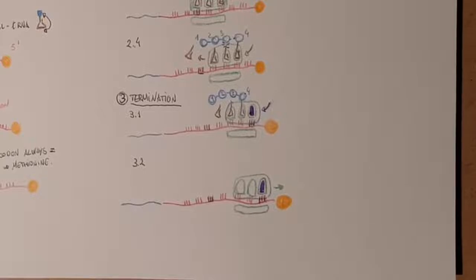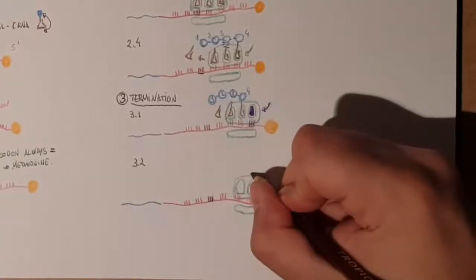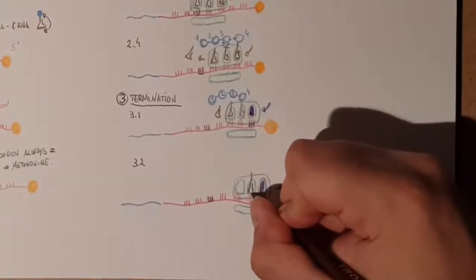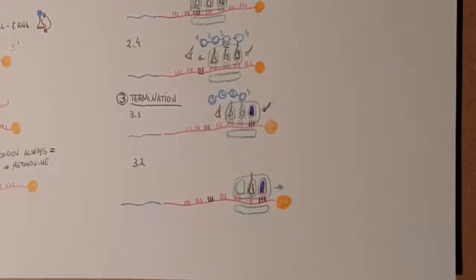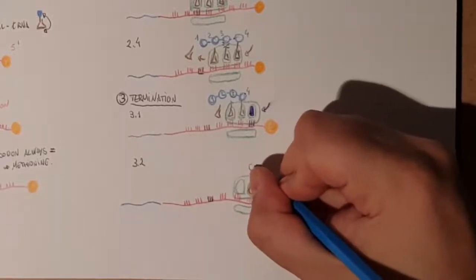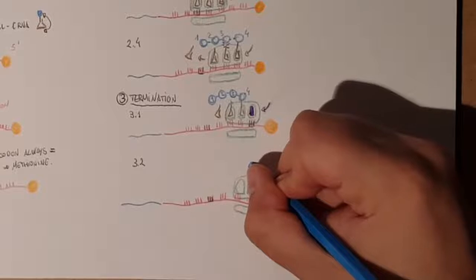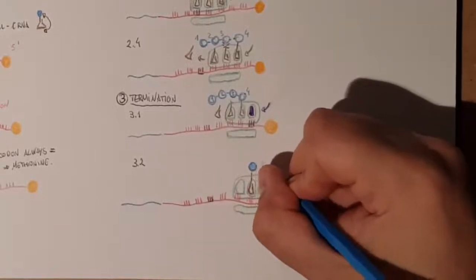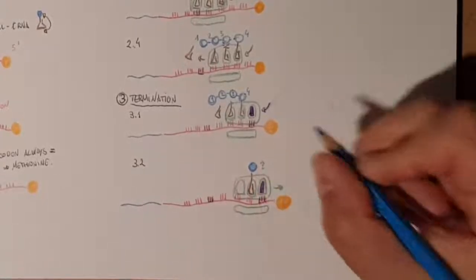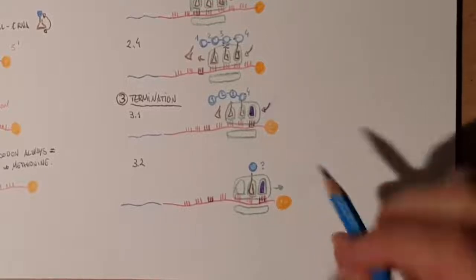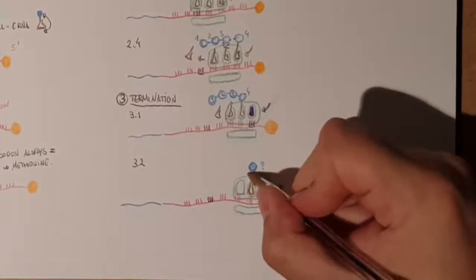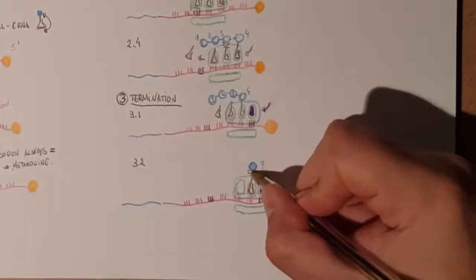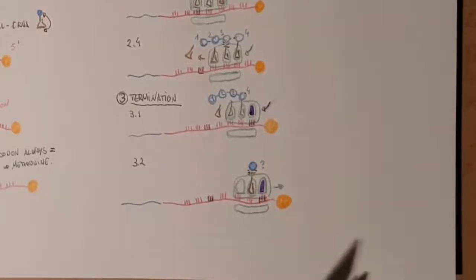When the amino acid here tries to make a peptide link, there's not going to be anything here, so it's not going to make the peptide link, but the connection here is going to be broken again as normal.